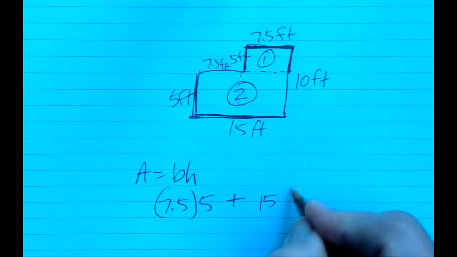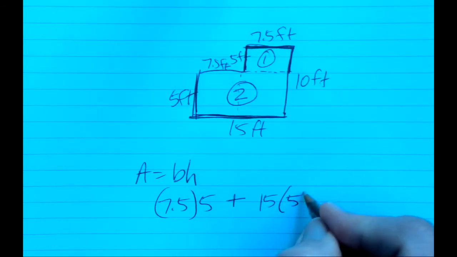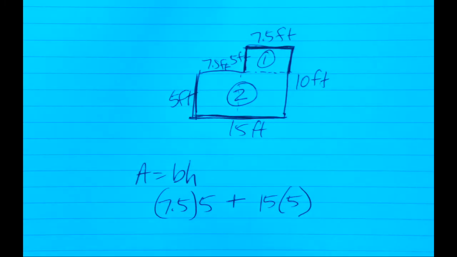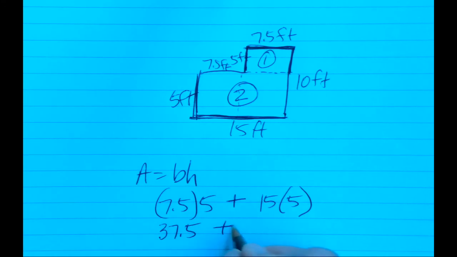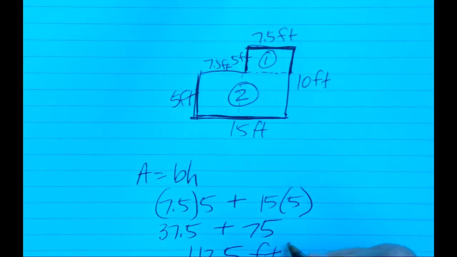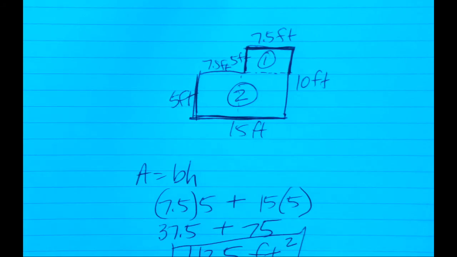And so now we could do that calculation. 7.5 times 5 is 37.5, plus 15 times 5 is 75, and if we add those two values, we get 112 and 5/10. And again, this is a unit of measure. The unit of measure is super important here, 112 and 5/10 square feet, because we're talking about area.